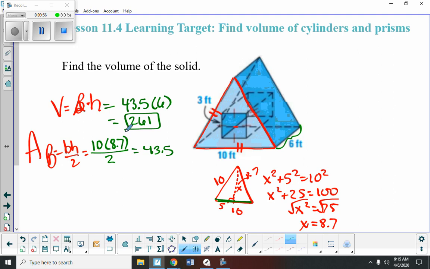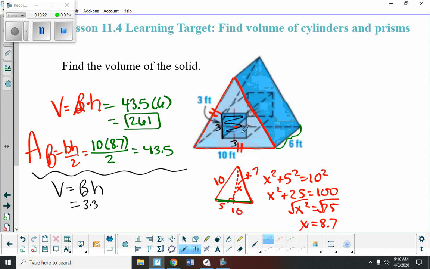All right, now let's find the volume of the rectangular prism? Again, area of the base times the height. Well, let's see. The base, they tell us that this is 3, which means that this is 3. So the area of the base is 3 times 3.